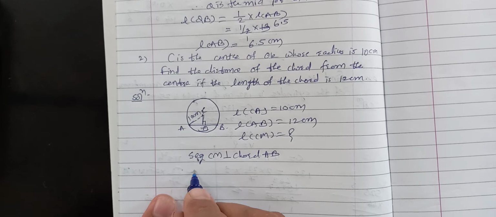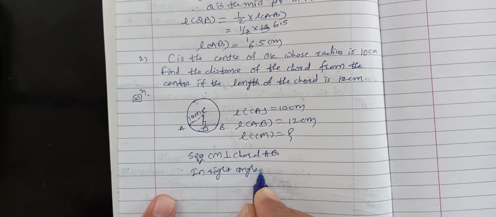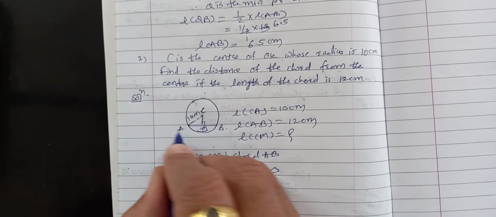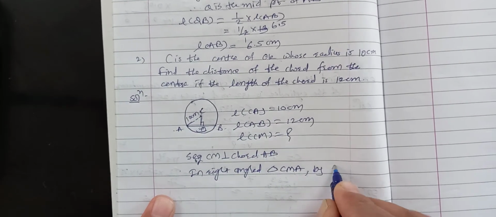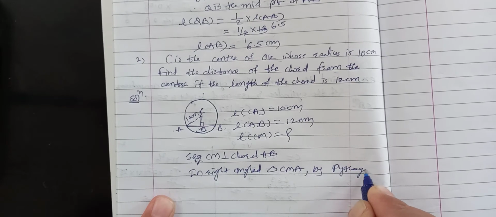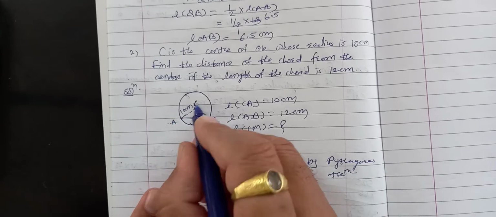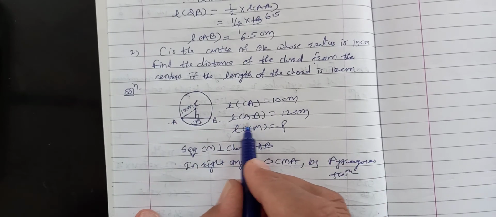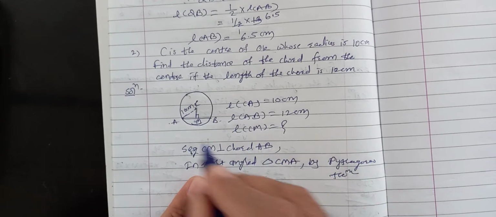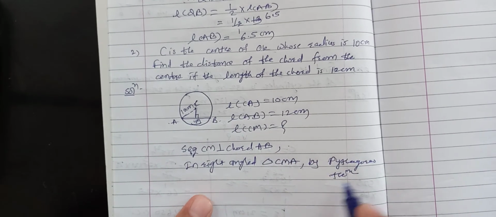So in right angled triangle CMA. Which theorem? By Pythagoras theorem. Apply Pythagoras theorem. Okay. But before that, here you have to find this AB is given 12 centimeter. Okay.